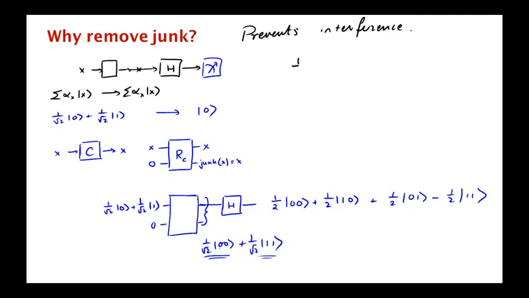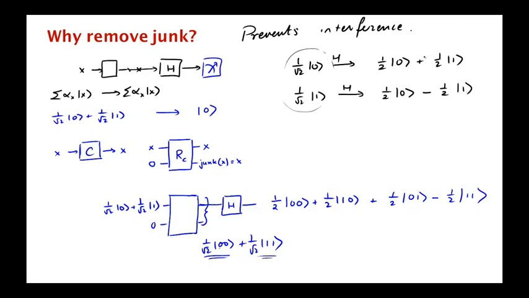Well, 1 over square root 2 0 after the Hadamard went to 1 over 2 0 plus 1 over 2 1, whereas 1 over square root 2 1 after the Hadamard went to 1 over 2 0 minus 1 over 2 1. And so when you start with the superposition of these two, you have to add these two, and this part cancels, so that's destructive interference. This part reinforces each other in constructive interference, and you get as outcome half plus a half, which is 1 times 0.